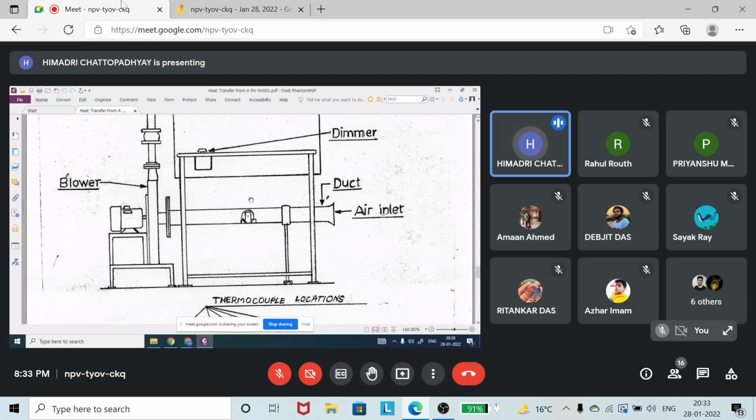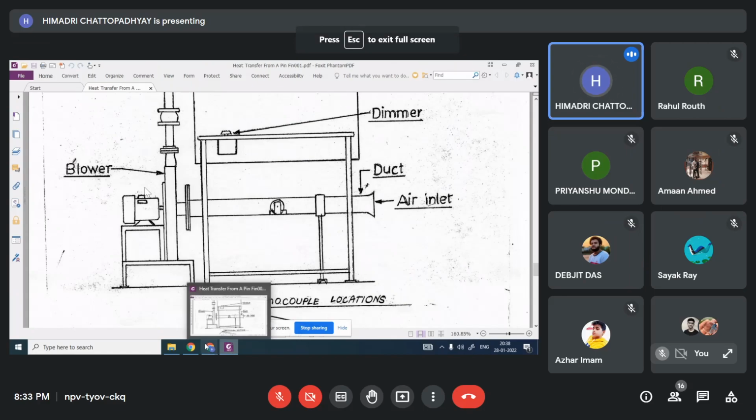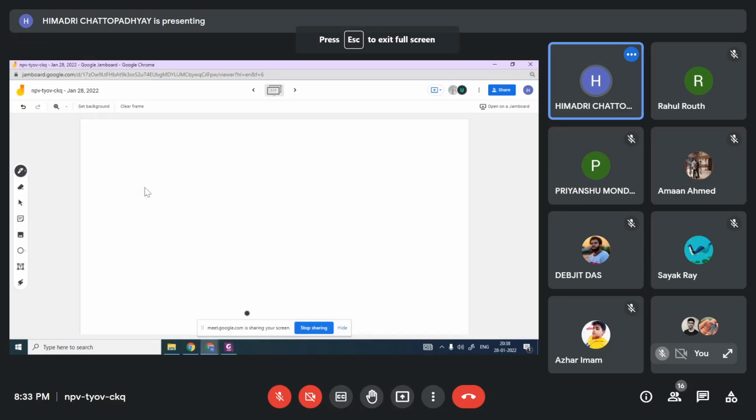Pin fin, that means it's like a straight line. So one end is hot, the other end is cold, and air is going through this. So you have to find out. Let me actually write it on the board. You have solved the pin fin distribution. I will not discuss it again because it has already been covered in your heat transfer note.